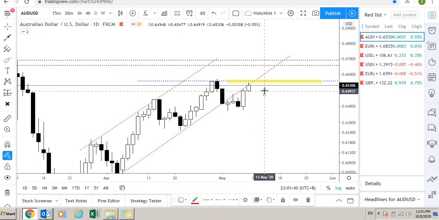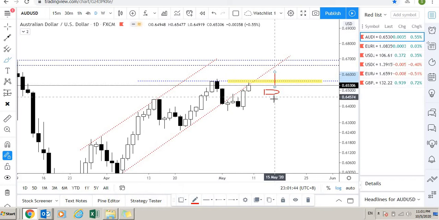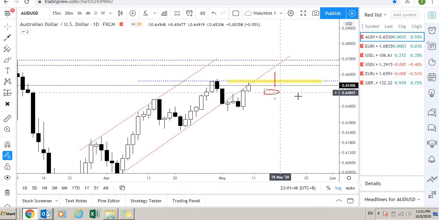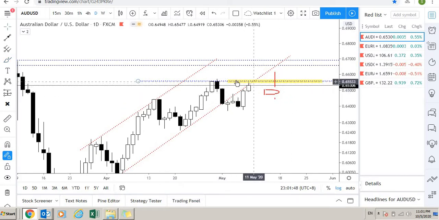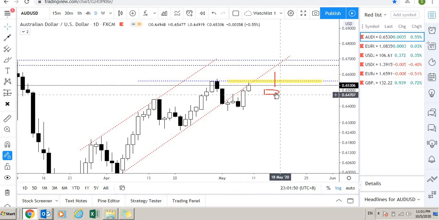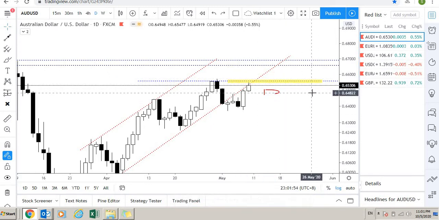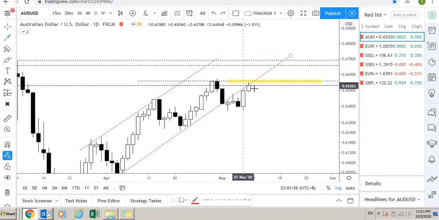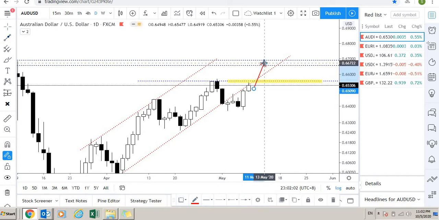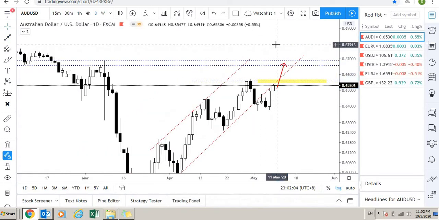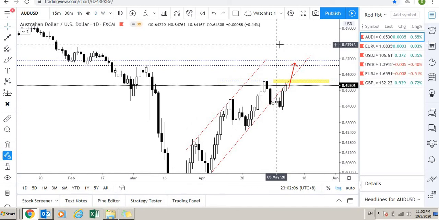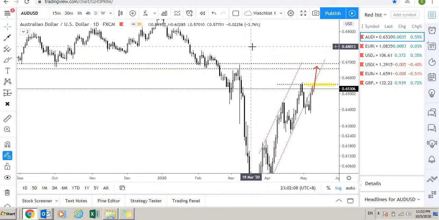We can look for a clear-cut bearish pin bar that rejected this area. Or, if the price is not respecting these two resistance points, we can wait for the price to pull back a little bit further, to this long-term resistance point.